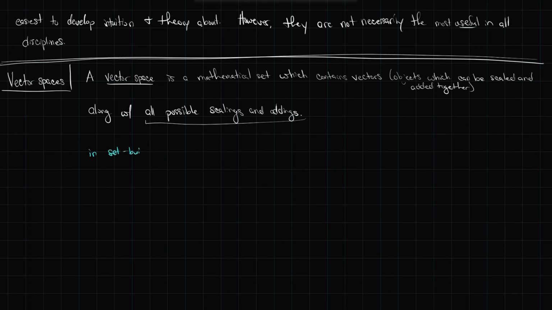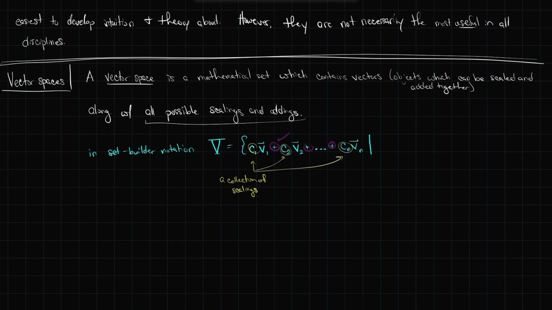In set builder notation, I'm going to use a capital V. It'll kind of look like a Roman numeral. This will be my vector space. And it's going to be a collection of scalars, right? These are scaling coefficients, so C1 and then a vector V1, plus C2 and then a vector V2, plus dot dot dot, plus Cn and a vector Vn, such that, so this is just a collection of scalings and sums of vectors.